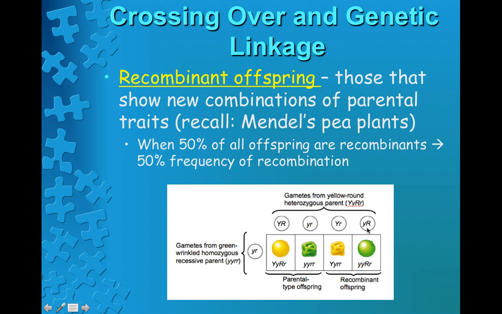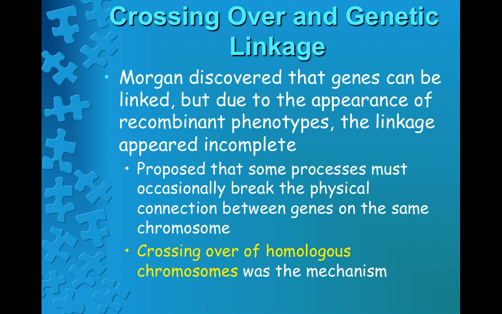If you think back to Mendel's peas, that's why we can do those big Punnett squares, because we're assuming those traits are not linked together. So Morgan looks at the appearance of these recombinant phenotypes in the offspring of certain traits.